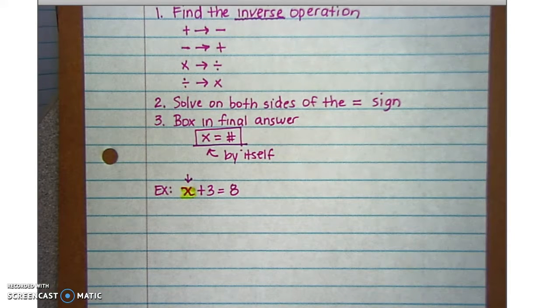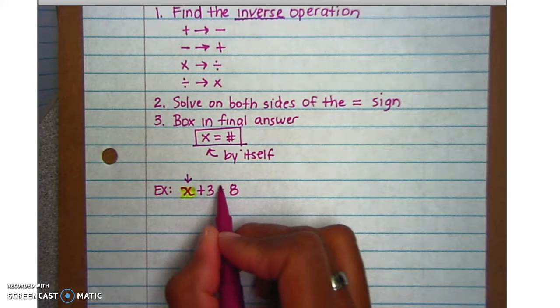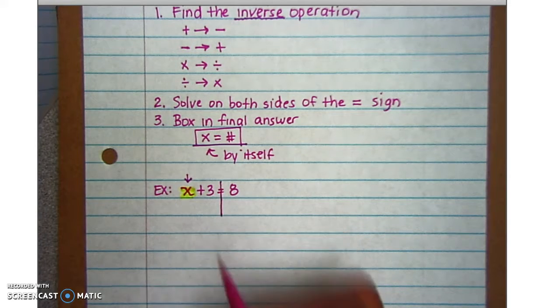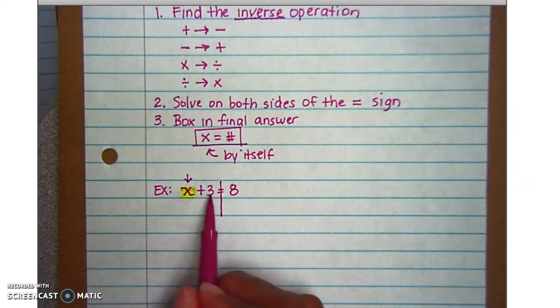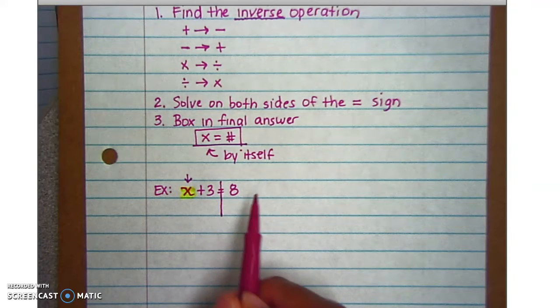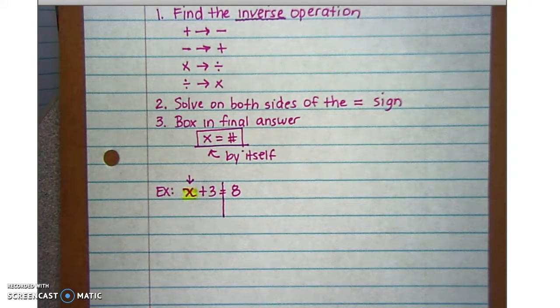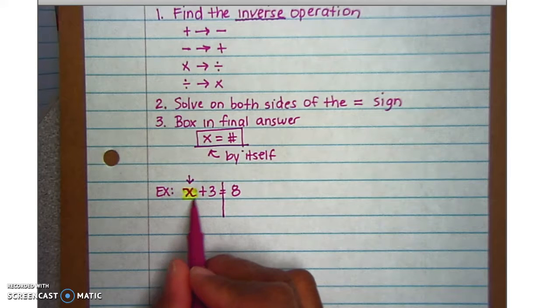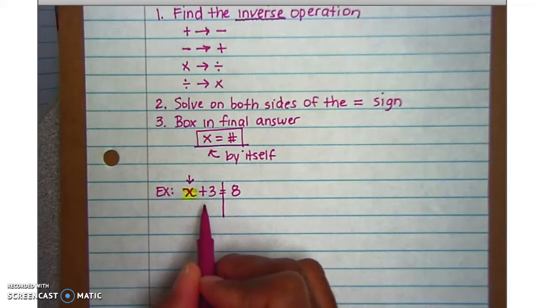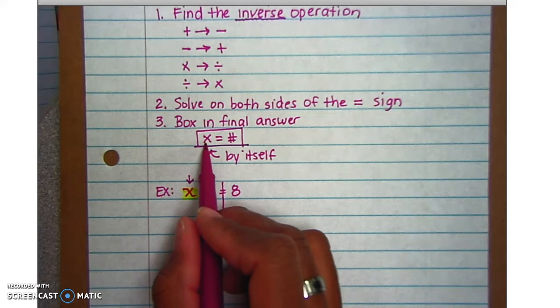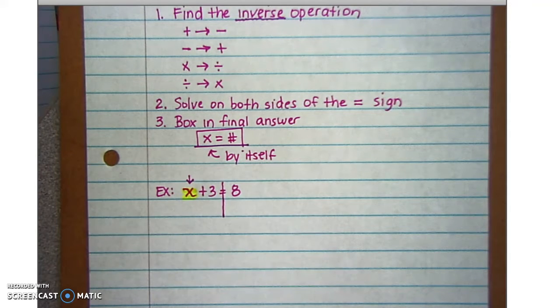I'm going to split my problem in two. So I have the left side of the equal sign and the right side. You always work on the side with the letter, with the variable, and you always want to get rid of whatever is on the same side, because remember, this is our goal, to get that x by itself.